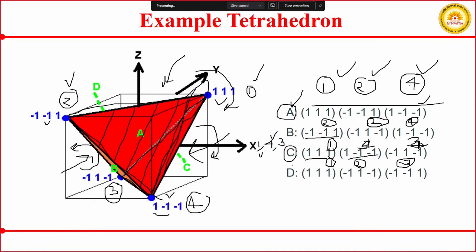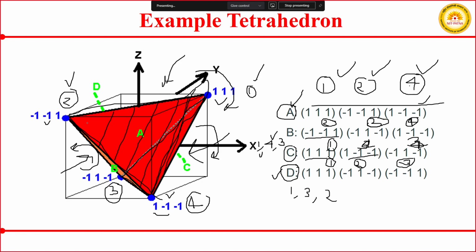So the listing of vertices for triangle D will be 1, 3, and 2.